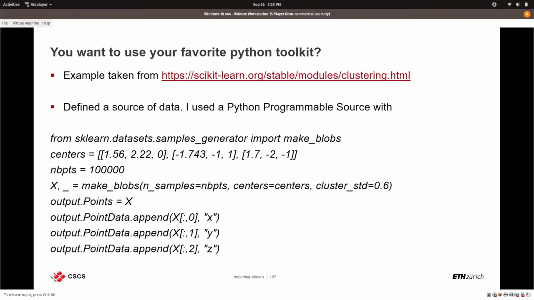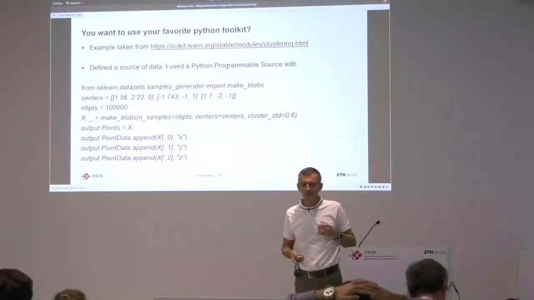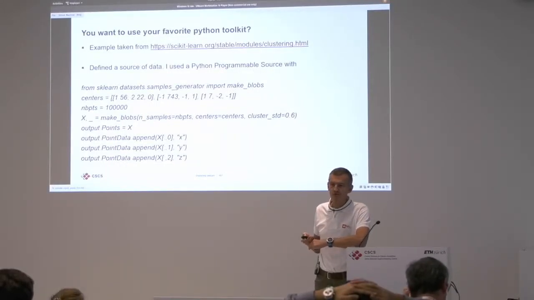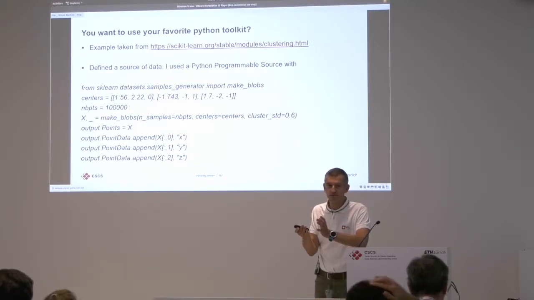This is just an example to show you how I would define a scalar field called X with the X coordinate of the particle so that I can color the blob, the cloud of points, with the X coordinate. The same thing with Y, the same thing with Z. So imagine now that you would want to show the distance of those points from the center of the world, 0, 0, 0.